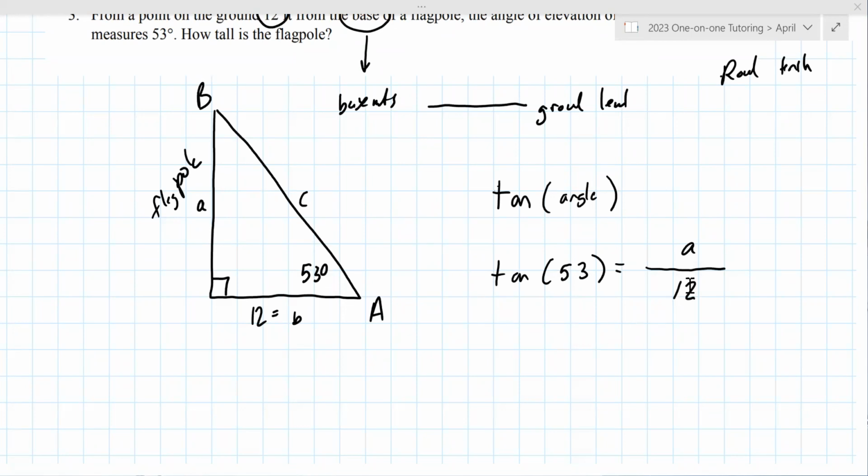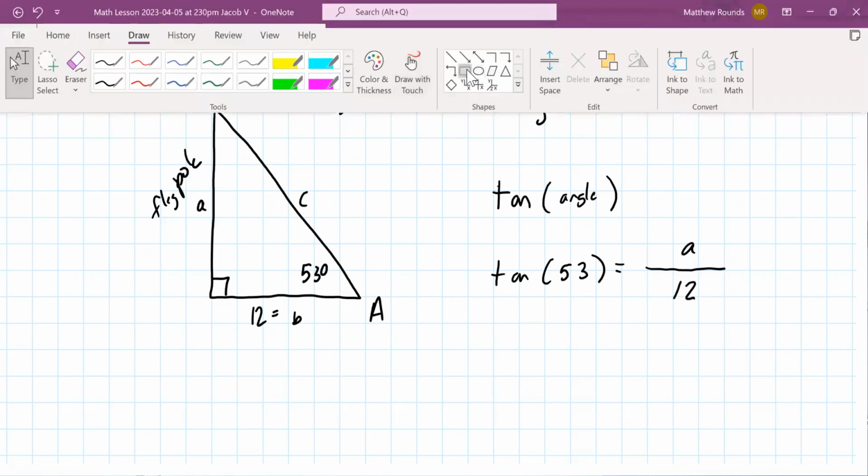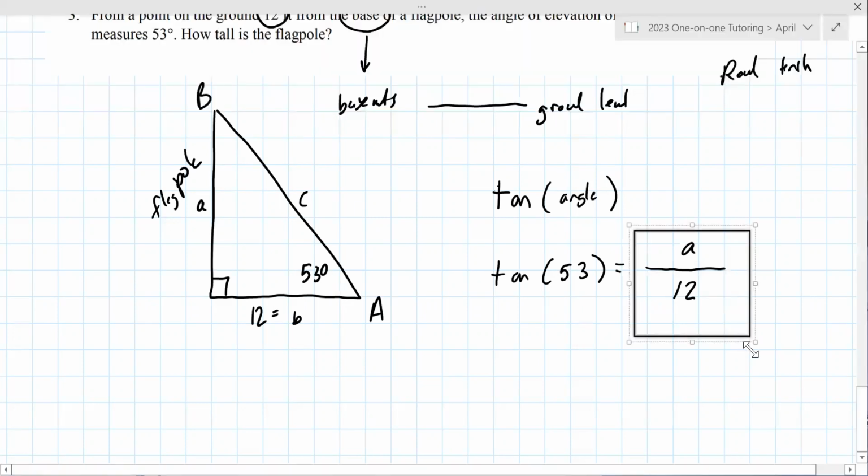How do you clear the division by 12? You want to isolate the variable. You add 12 on both sides, so A over 12 equals tangent 53, and then to solve for A, you do tangent 53 divided by 12, right?